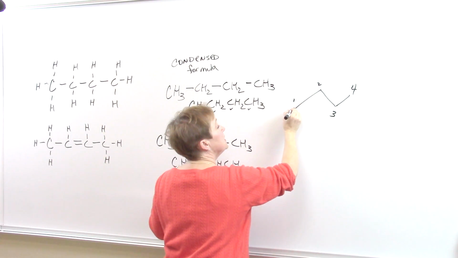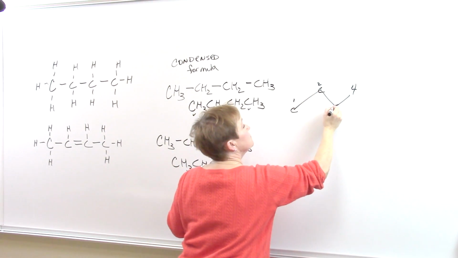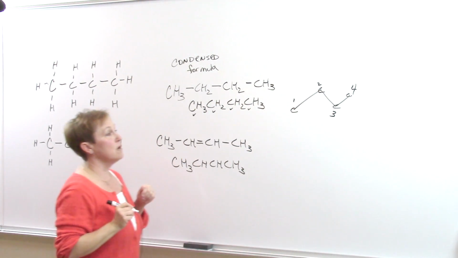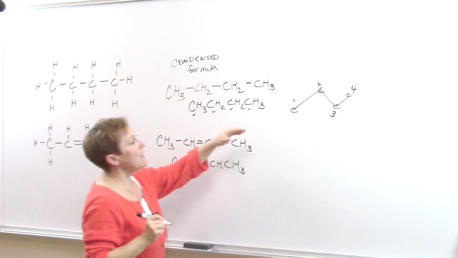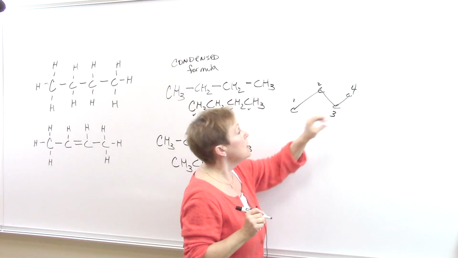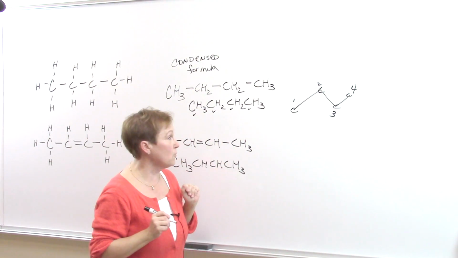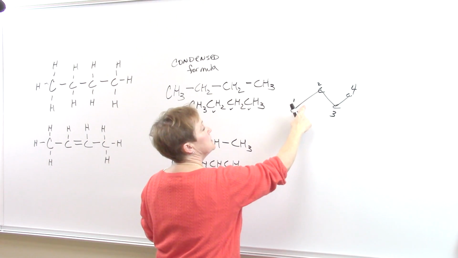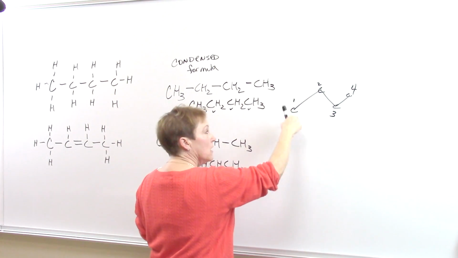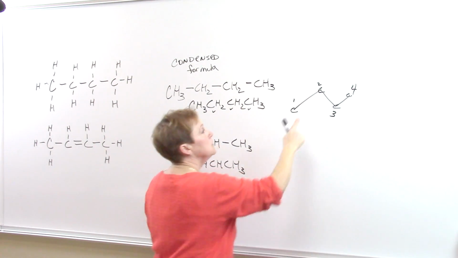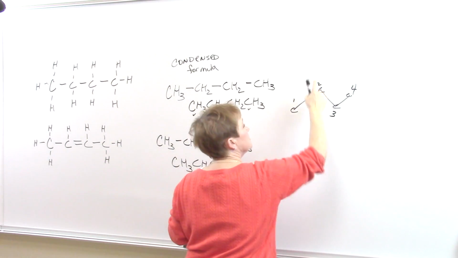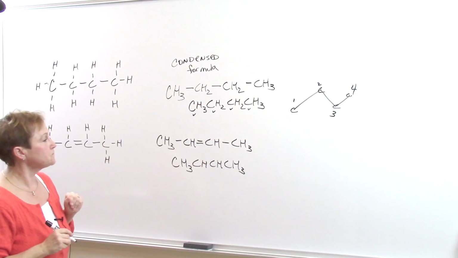Every end of the line or intersection of the line is understood to be a carbon atom. The hydrogens, how do you know how many hydrogens are bound? Because you know each carbon has 4 bonds to it. This carbon has 1 carbon-carbon bond. The other 3 bonds must be to hydrogen. 2 carbon-carbon bonds, the other 2 bonds must be to hydrogen.